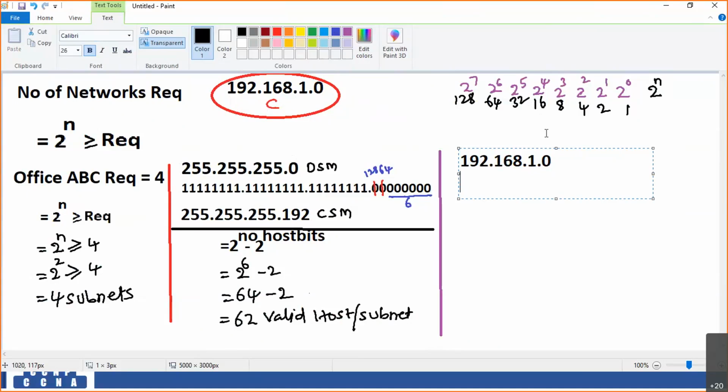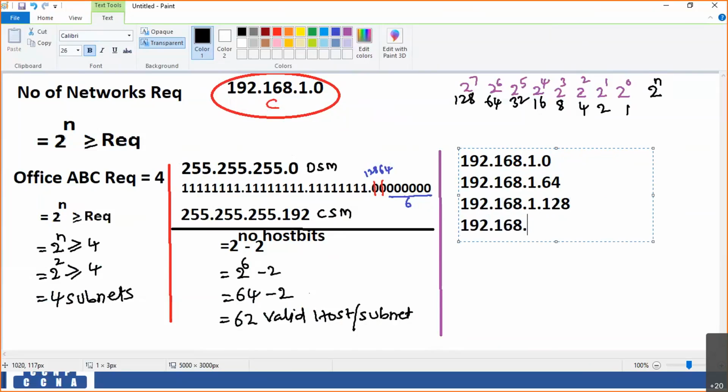Then you keep adding: 192.168.1.64. Again add 64, that means 128. Again add 64, 192. You keep on adding 64, 64, 64, for 4 times, because of 4 subnets.